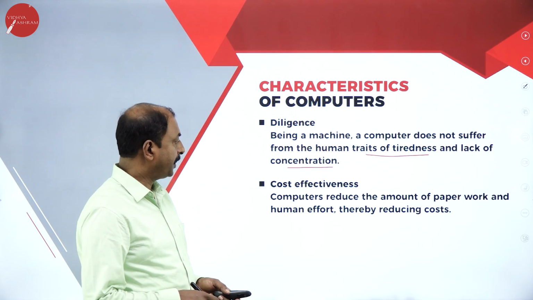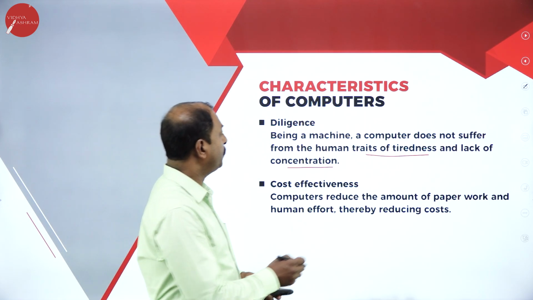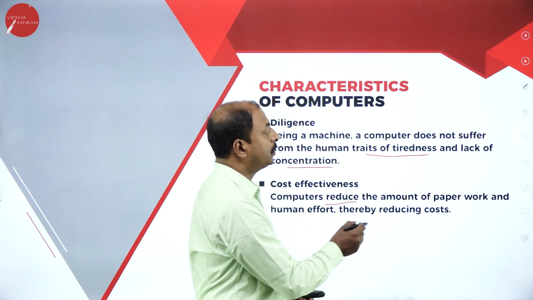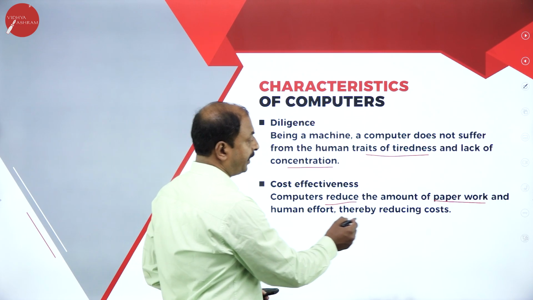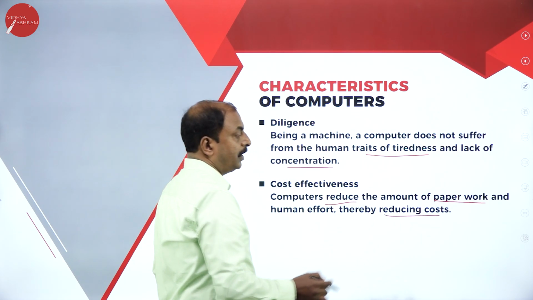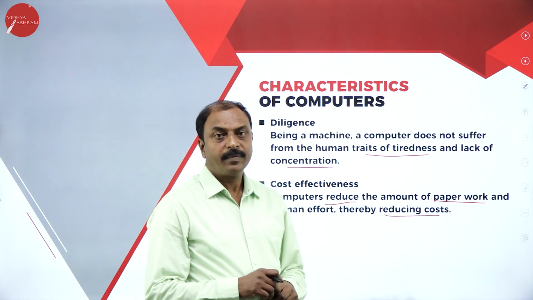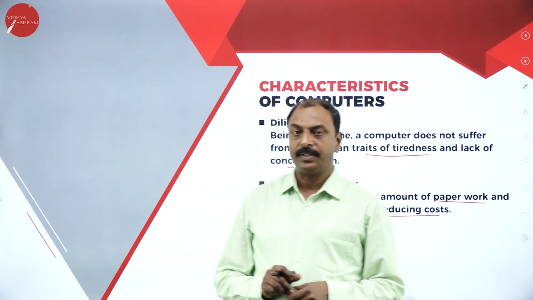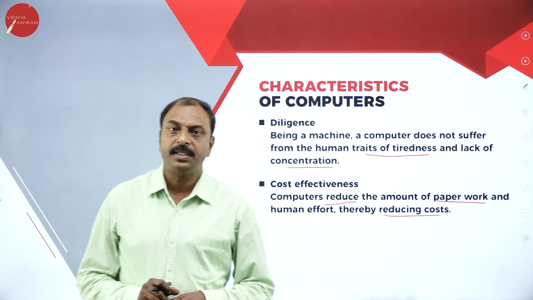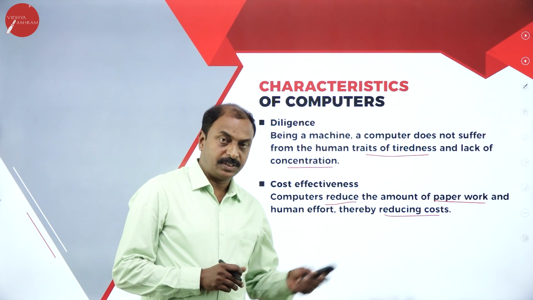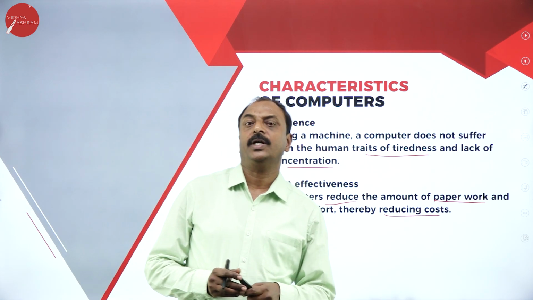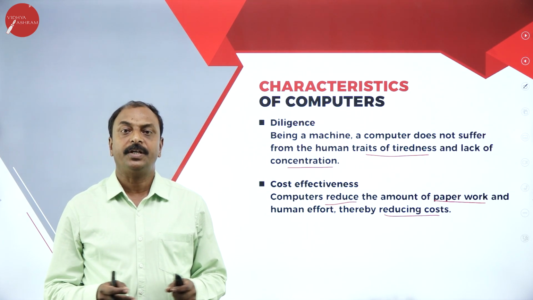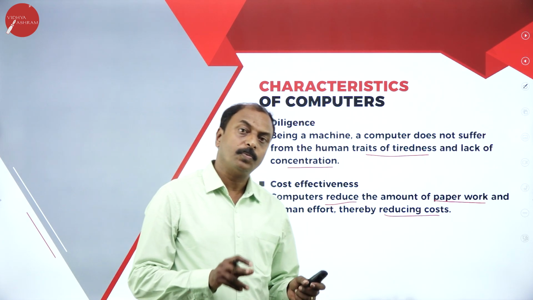Next one is cost effectiveness. Now the meaning is that computers reduce the amount of paperwork and human effort, thereby reducing cost. Nowadays, we are using a word called paperless office. What is the meaning of that? See here, we are using a computer system, but we are avoiding taking printouts of it, and we are avoiding generating different reports on paper or through a printer.